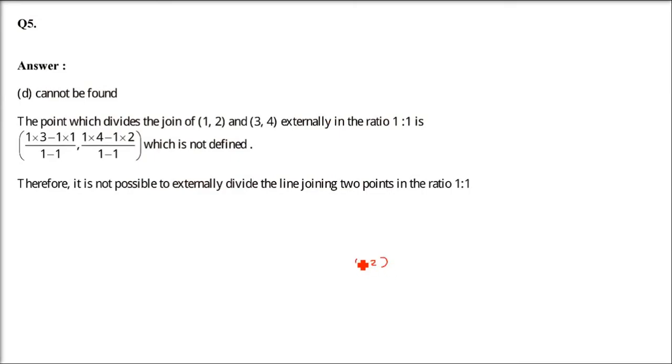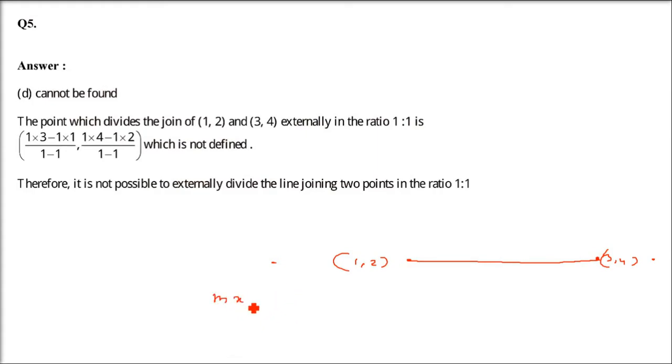The scenario here is you have the point (1, 2) and the other point (3, 4), and there is a point which is dividing externally, so it has to be outside this line, on either side. Dividing externally in 1:1 seems impossible, but still we'll prove it.